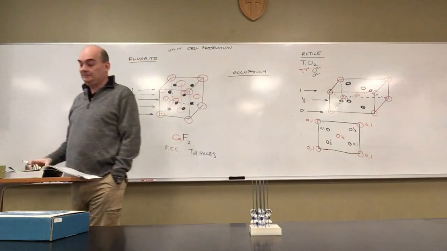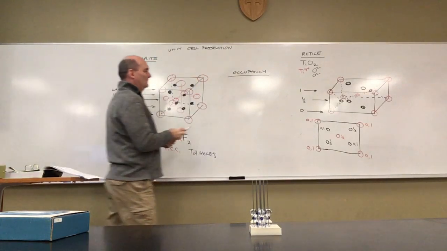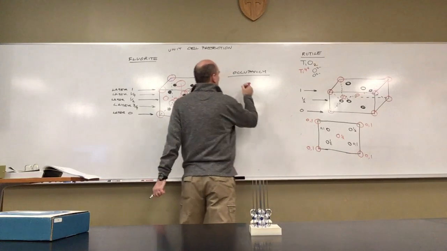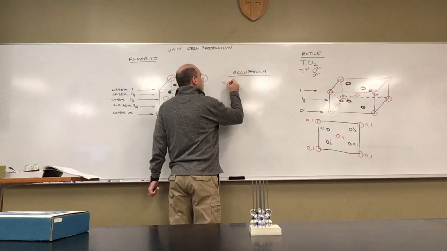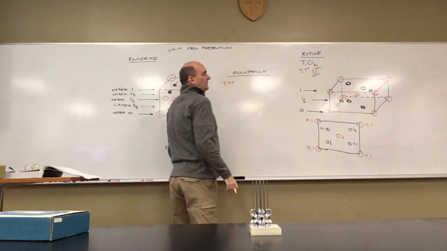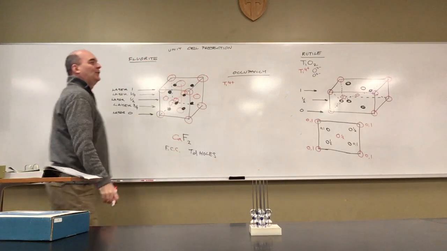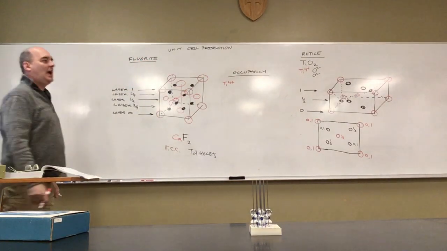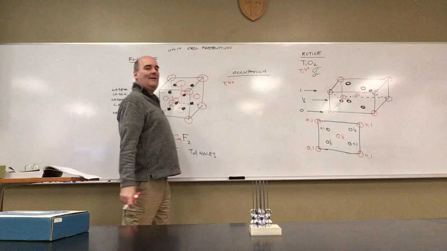Figure out what we've got. The titaniums are 4 pluses, and I have 1 at every corner.